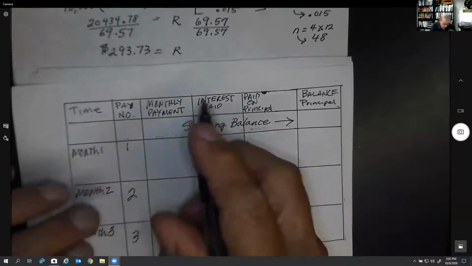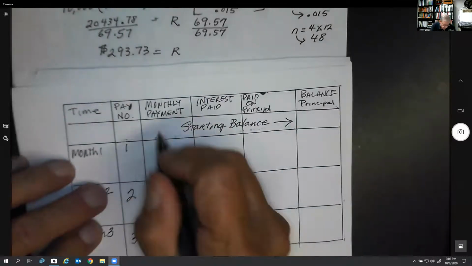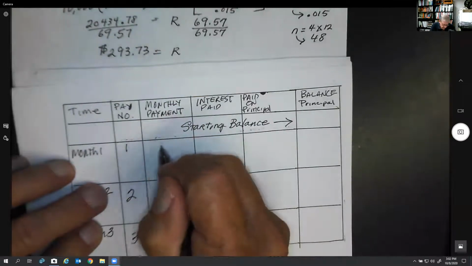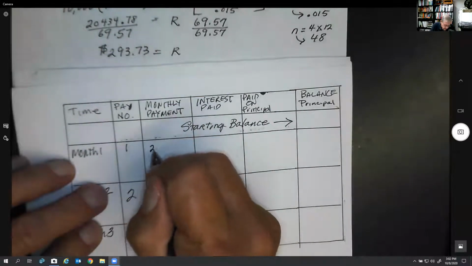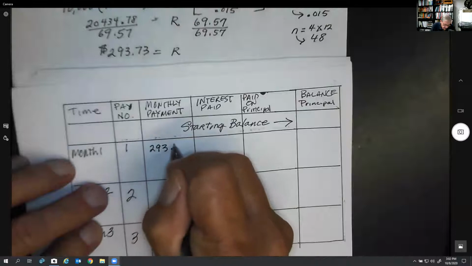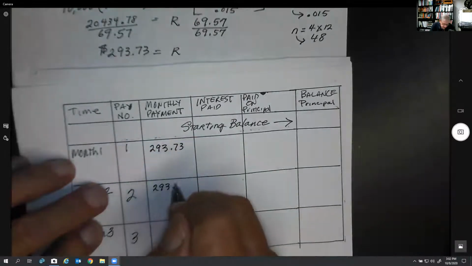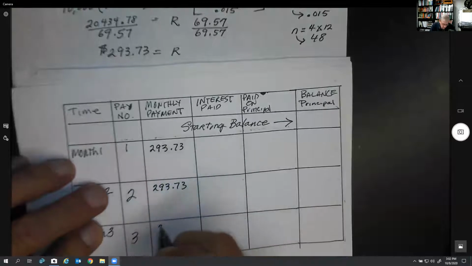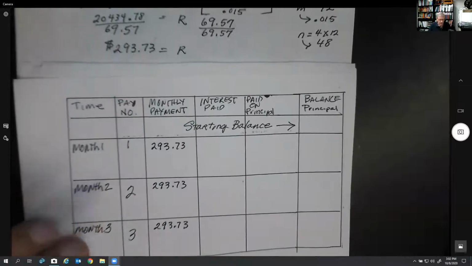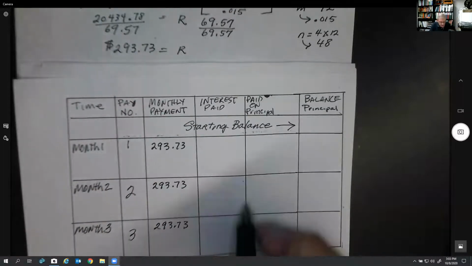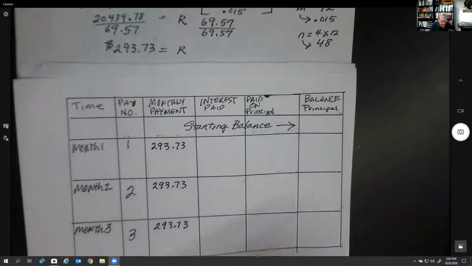So the first thing we're going to do, with this table, is fill in the same amount. You're making the same payment each month, $293.73. You can put the dollar sign if you want. It's going to be the same amount each month. What's going to vary each month is your interest. Your interest is going to change. And then we'll see how much is paid on the principal and so on.